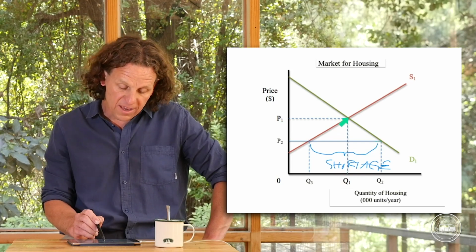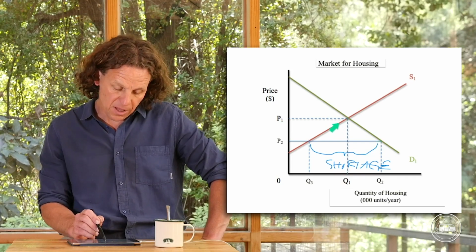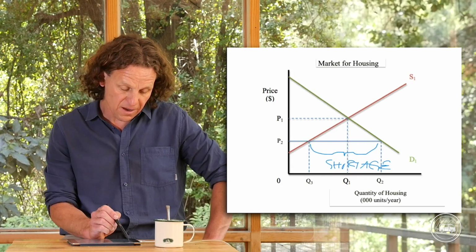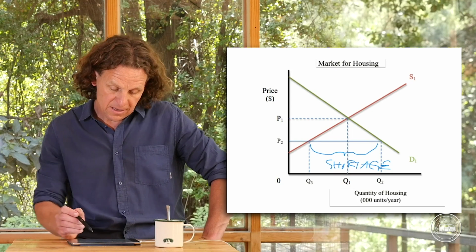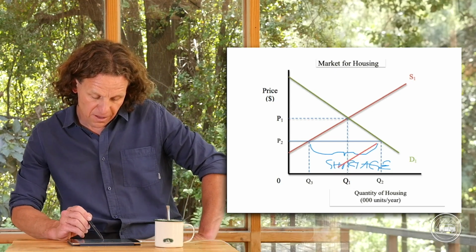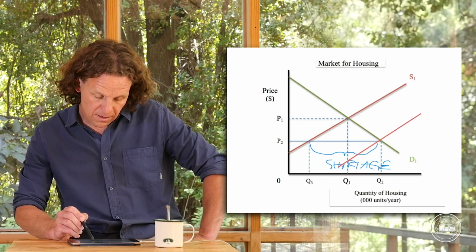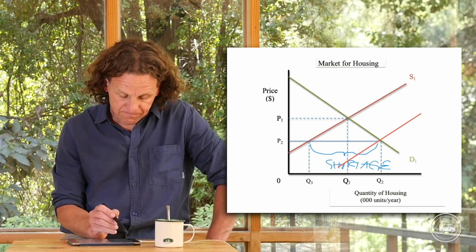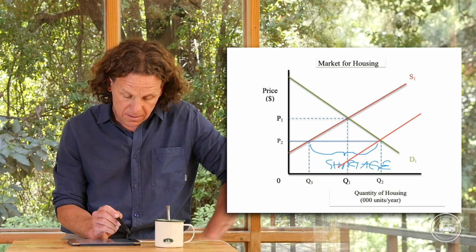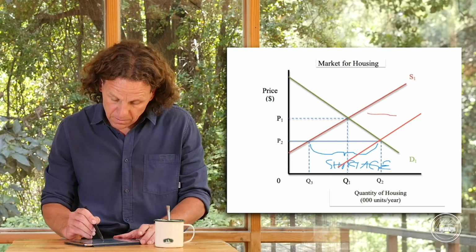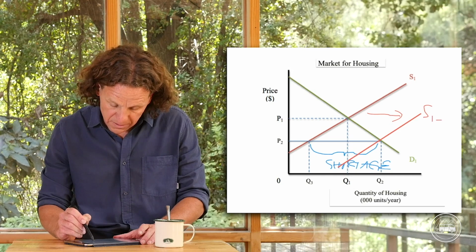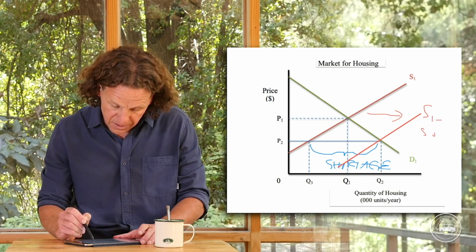Well, they already damaged the suppliers of housing here, so maybe the government could come back and subsidize housing, right, by moving the supply curve out there to S1 minus subsidy.